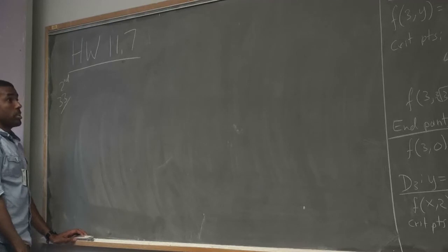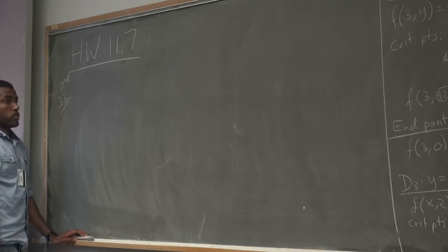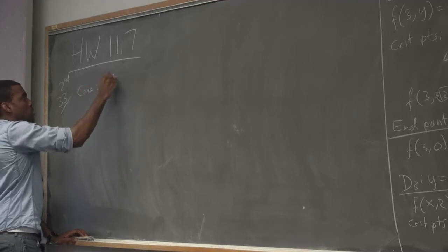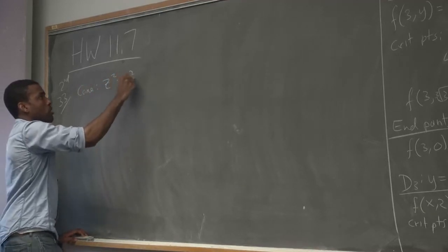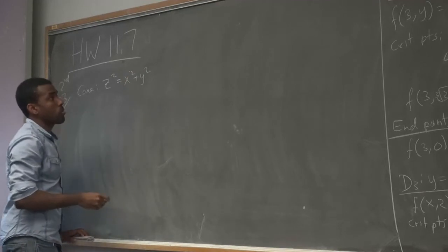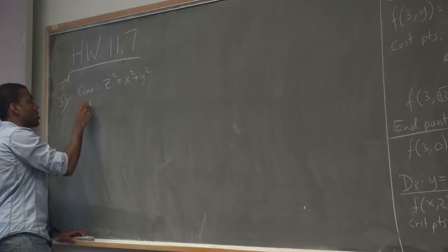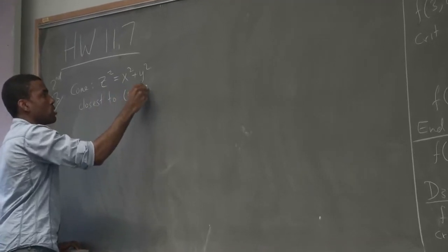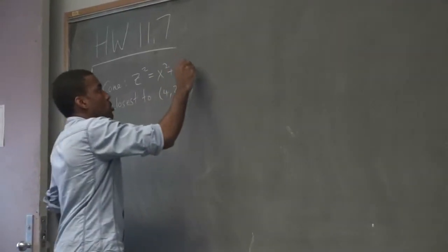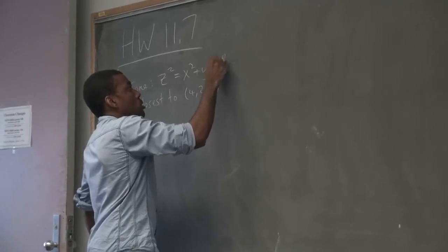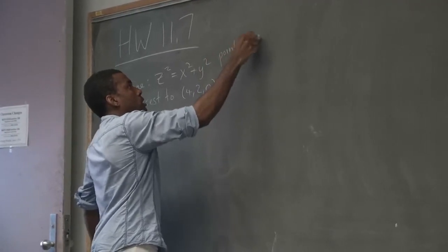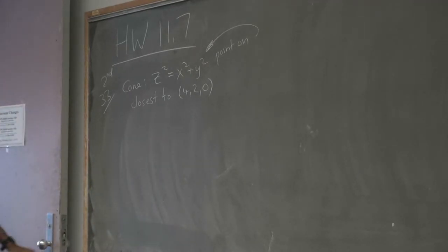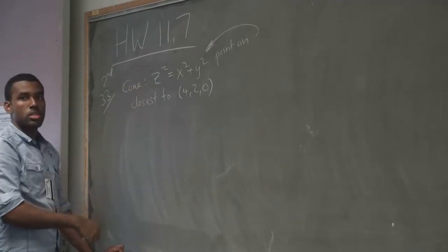What does 33 say? Find the point on the cone z squared equals x squared plus y squared that is closest to the point (4, 2, 0). So we want the point on this surface that's closest to that. It's actually an optimization problem: you want to minimize the distance function.